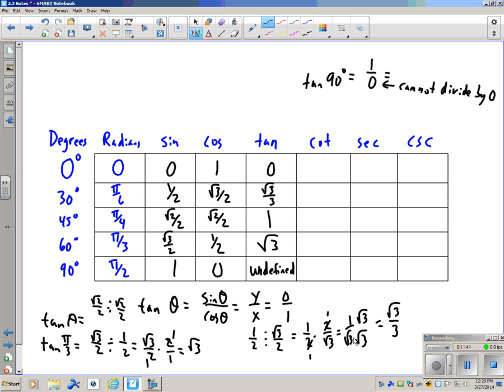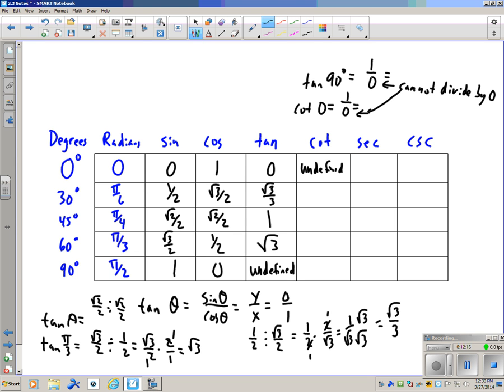Now, cotangent becomes easier since cotangent is your cosine over your sine. It's just the reciprocal of what you have here. Well, the reciprocal of 0 over 1 would be 1 over 0. Well, 1 over 0, you'd be dividing by 0, so cotangent at 0 is undefined. So basically, since cotangent at 0 is equal to cosine over sine, again, we cannot divide by 0, so we get undefined.